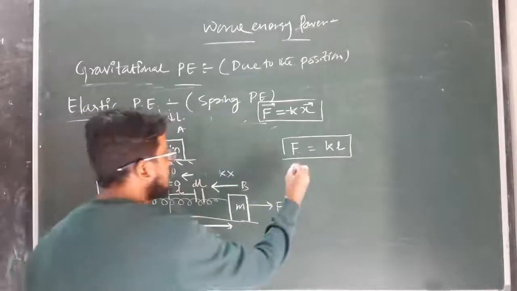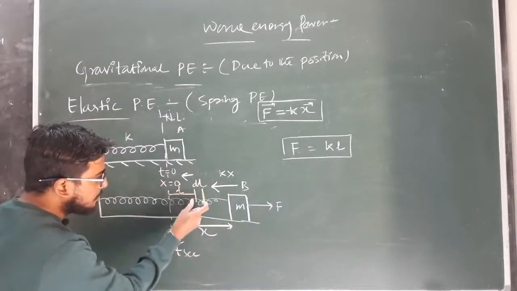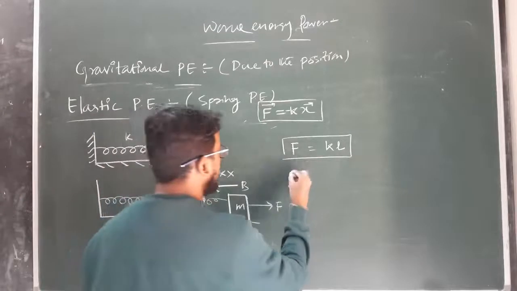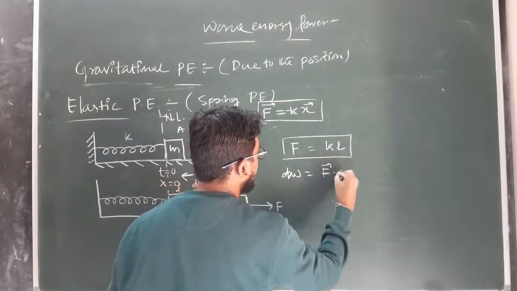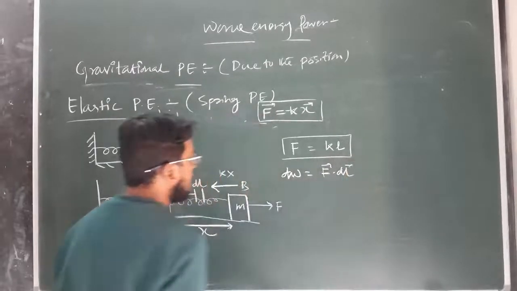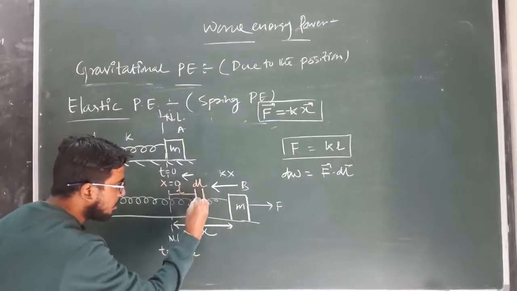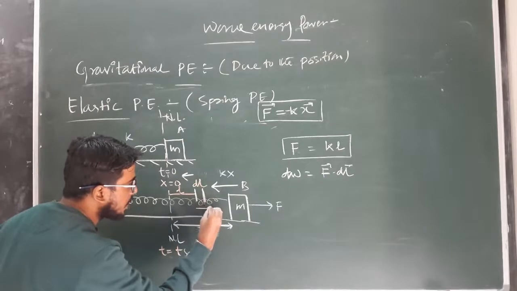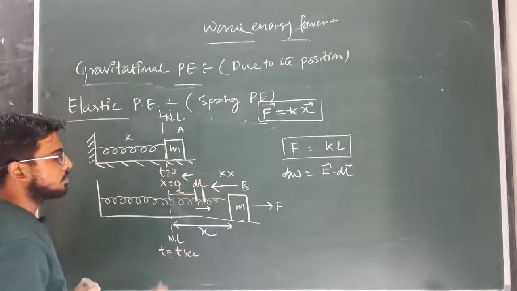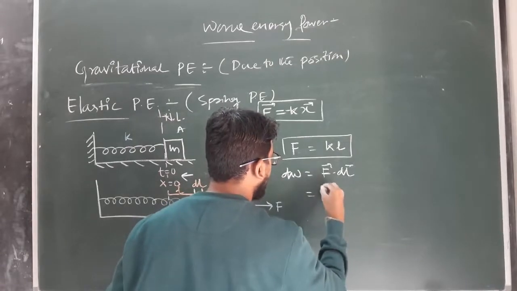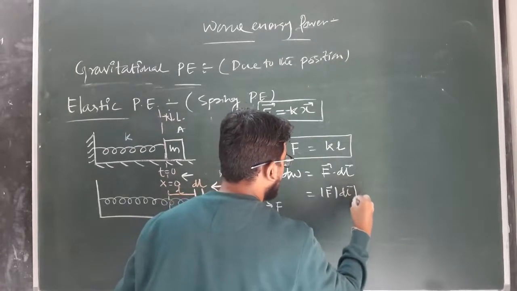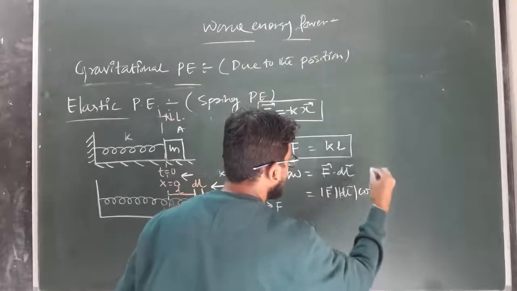So the work done by the applied force due to this small displacement from L to L plus dL will be how much? So dW equal to F vector dot dL vector, and as in this condition the dL displacement is along the same direction as that of applied force, here we can write dW equal to |F||dL| cos 0.